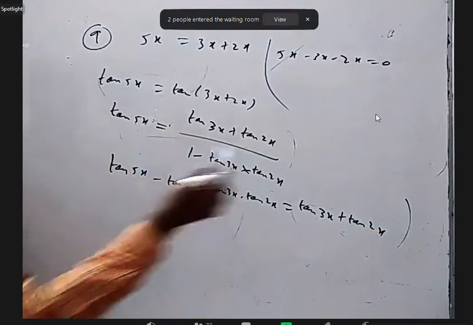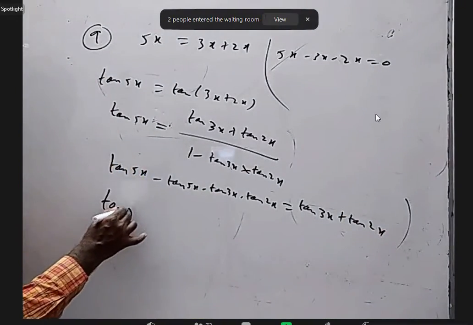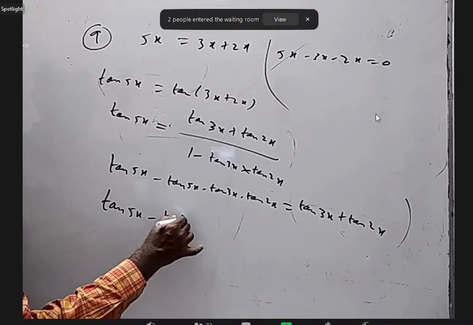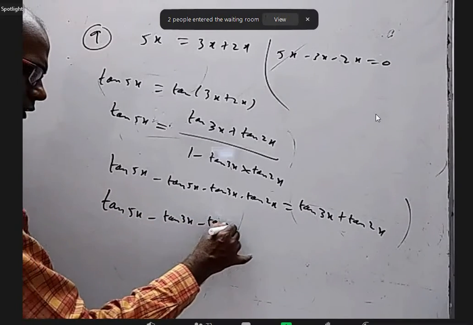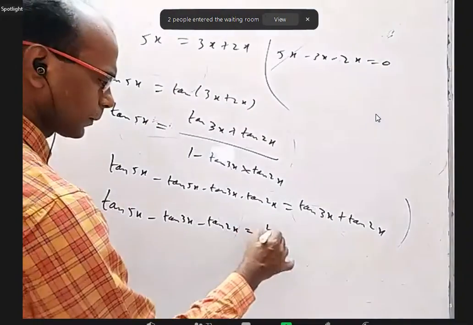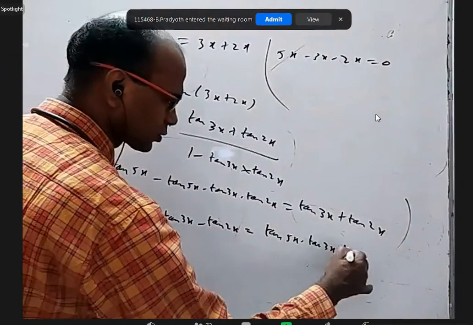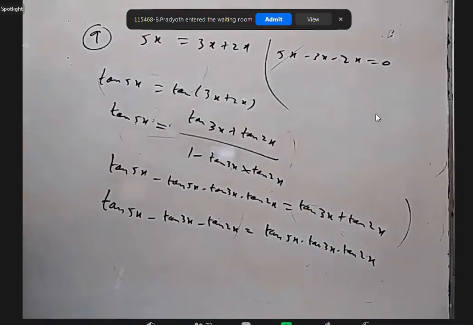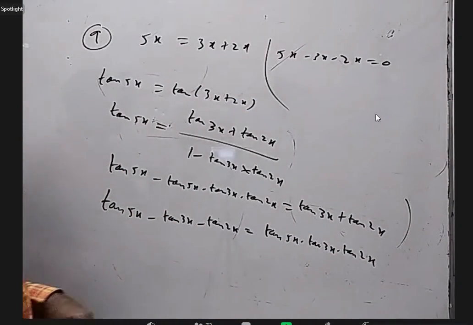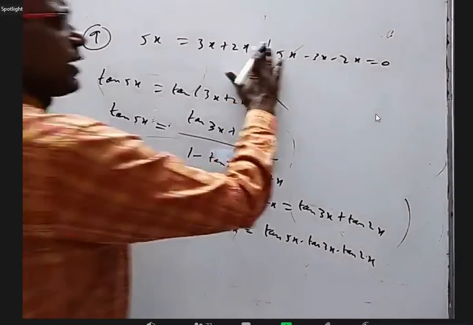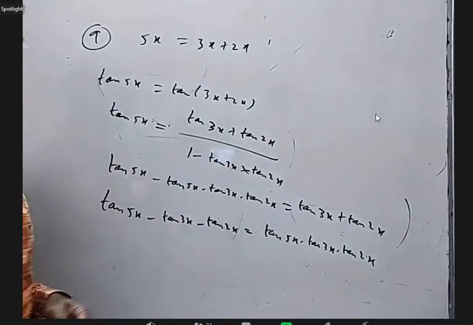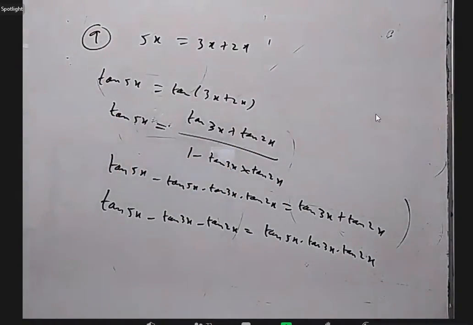Bring these two to this side, you will get the answer: tan 5x minus tan 3x minus tan 2x equals tan 5x into tan 3x into tan 2x. Otherwise, you can take this and apply the tan a plus b plus c formula. Whenever minus is there, you can take the angle as negative.